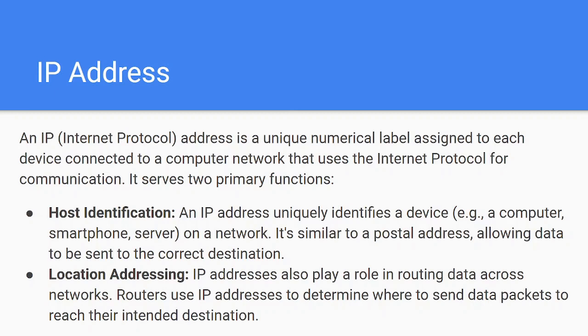Then the next point is location addressing. When devices are connected to a router and they want to send information to one another, the way they do that is by using the IP addresses.